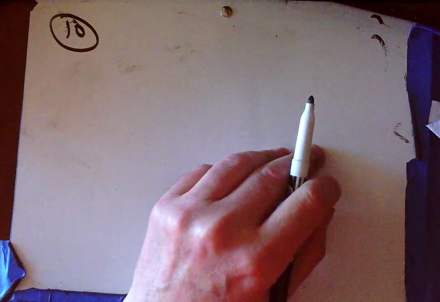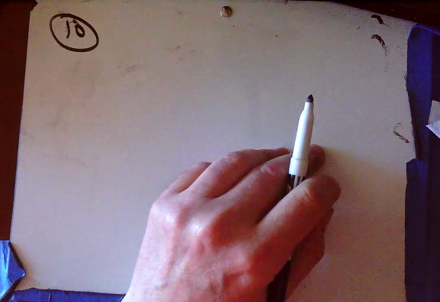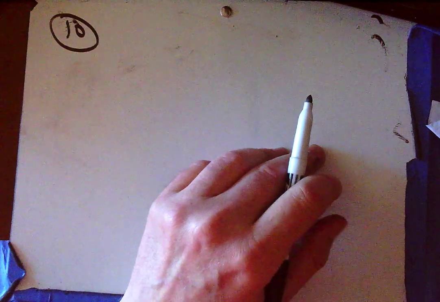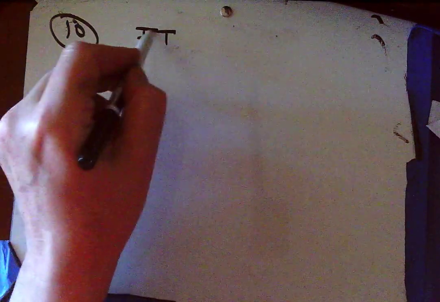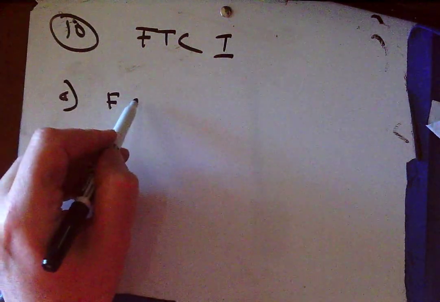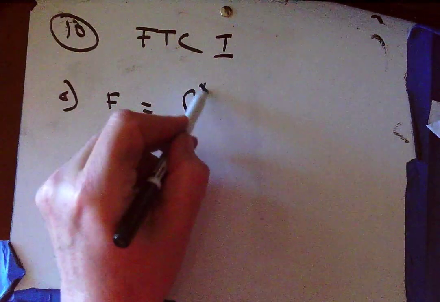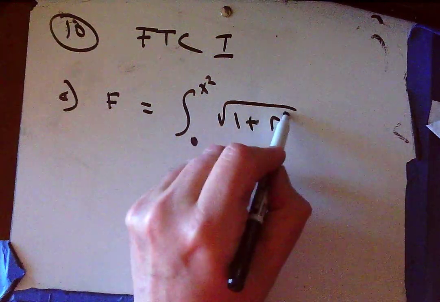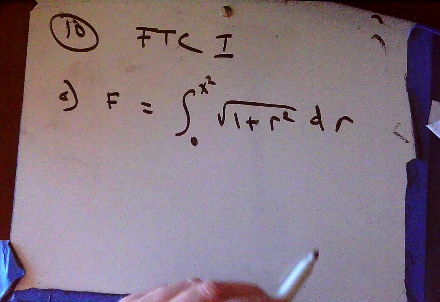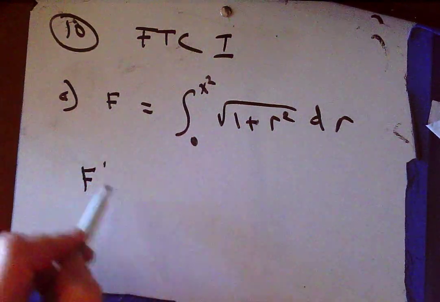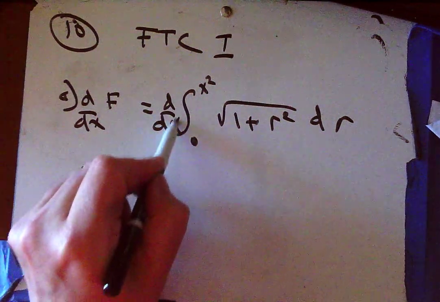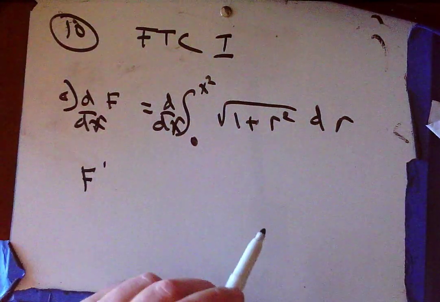Number 10 says, given f, find big F prime by taking the derivative. This is a little more FTC part 1 practice. Now for part A, big F equals the integral from 0 to x squared of the square root of 1 plus r squared dr. So if I take the derivative to get F prime, I want the derivative with respect to r.